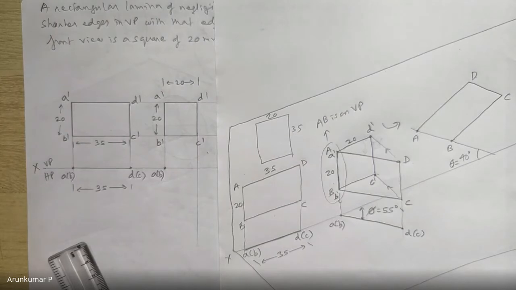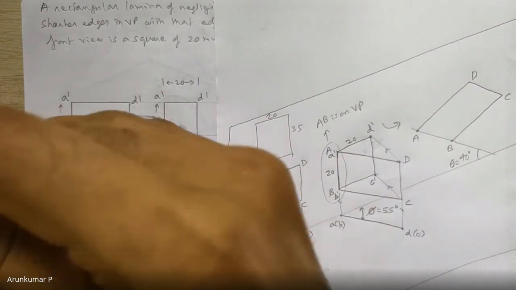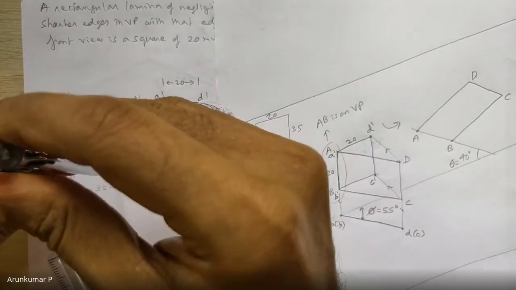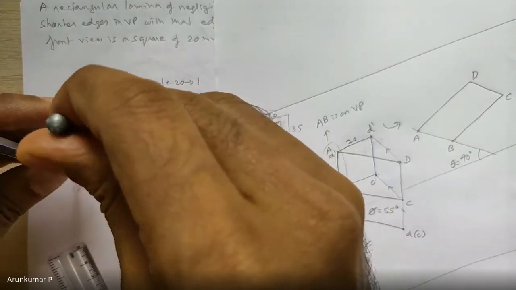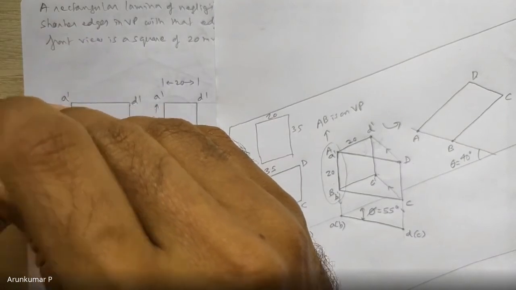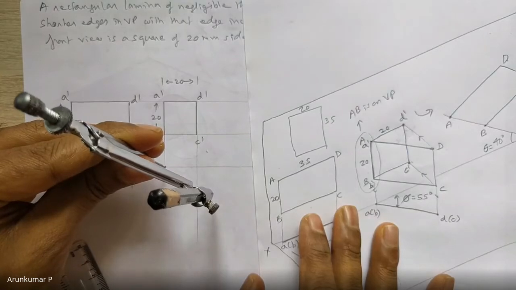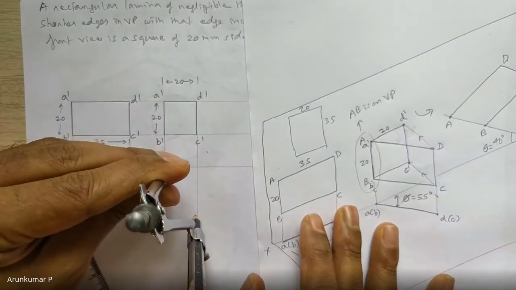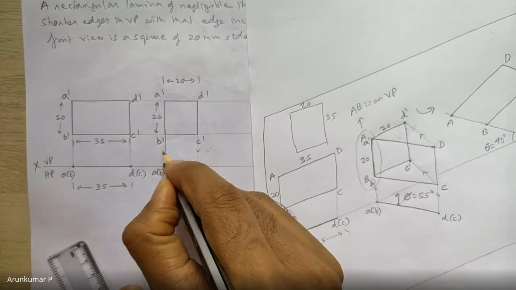Now what you do is you have to measure the length of this front view. So it is 35 mm. So this length you have to measure. And then with AB as the center, radius equal to 35 mm, cut this vertical projection line.